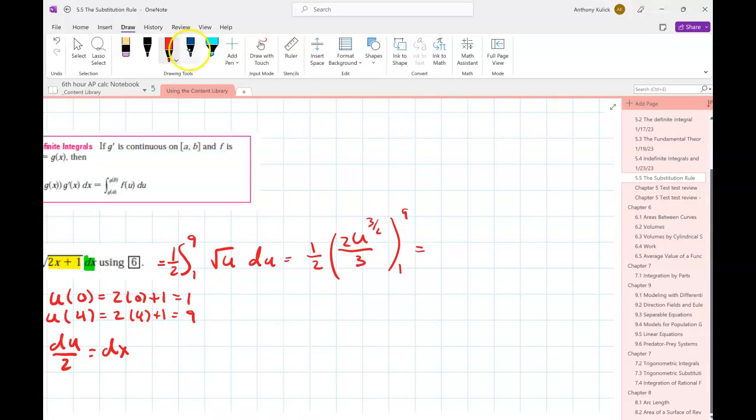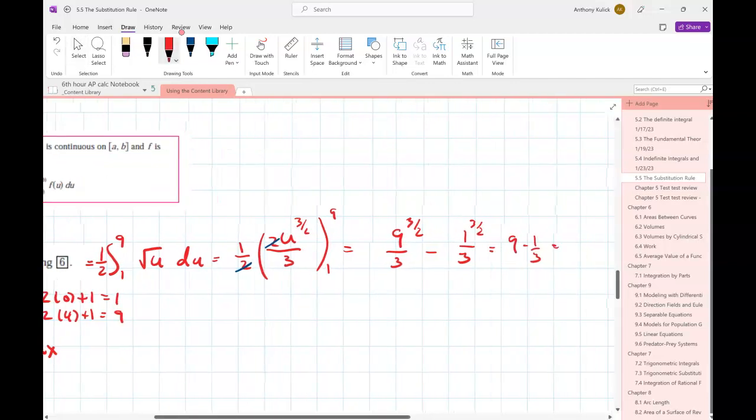So I can just plug those values into the u and be done with it. Much simpler. I notice here I can do a little reducing before I do that. So I have 9 to the 3 over 2 over 3 minus 1 to the 3 over 2 over 3. What is that? 9 to the 1/2 is 3. 3 to the 3rd is 27. Divided by 3 is 9. So it's 9 minus 1/3, or what, 26 thirds?